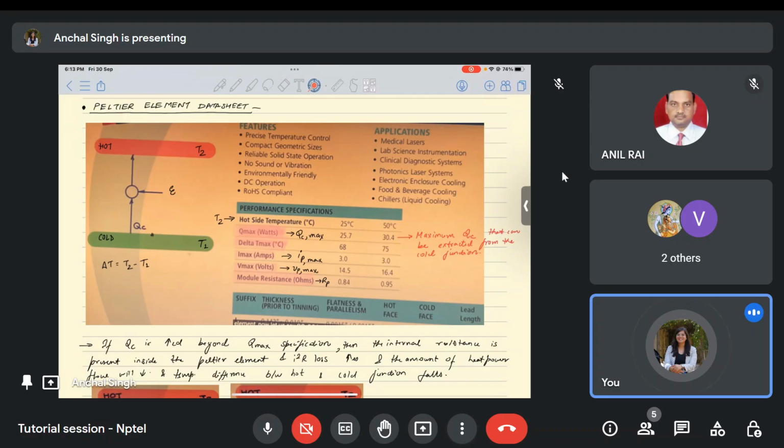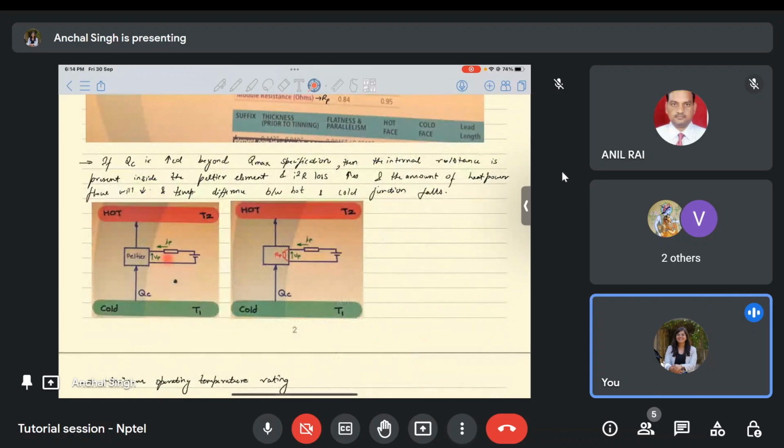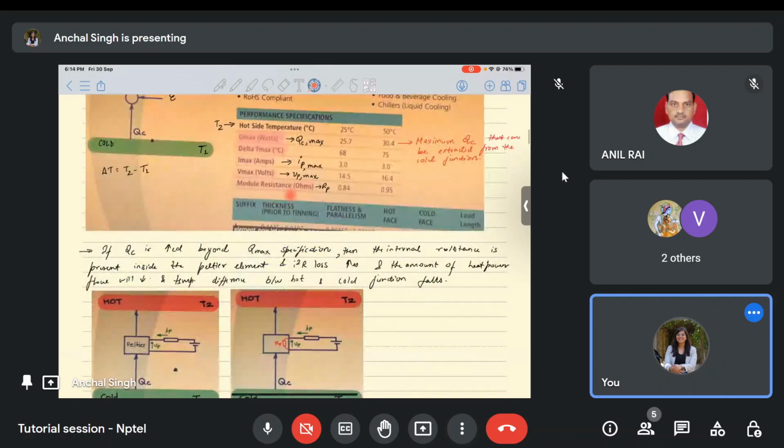Vmax is the maximum voltage that can be applied to the Peltier module terminals. And module resistance. So, as we have mentioned, any device can be seen as an equivalent impedance. So, when you look at these terminals, there is a resistance of this Peltier module that is RP. This RP is given by this module resistance parameter.